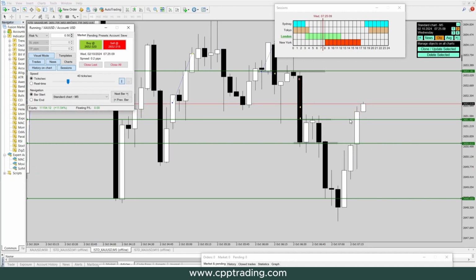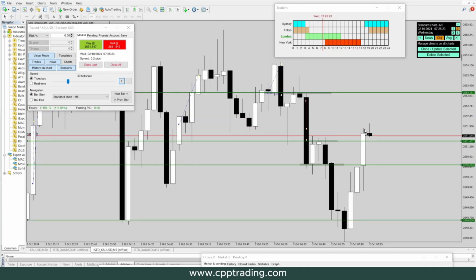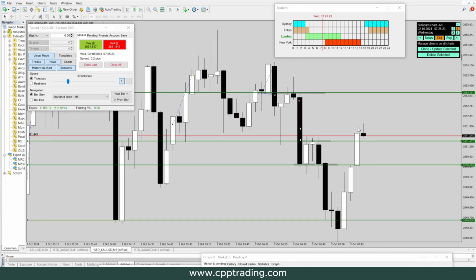Again, this would be a terrible point to start buying and go long, because you already missed out the majority of the move. So if you were to take a buy here, you're taking a buy with a 35 pip stop with the expectation to make about 13 pips. That's not a good idea.